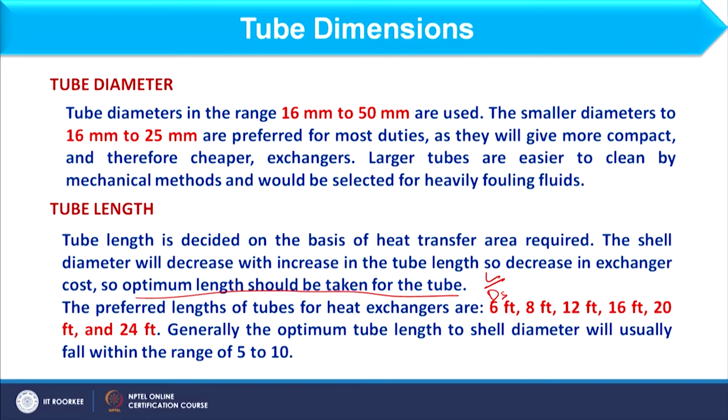So, as far as standard of tube lengths are concerned, we have 6 feet, 8 feet, 12 feet, 16 feet, 20 feet and 24 feet. So, this is the complete range of tubes which are available in the market, and we have to choose these length in such a way so that length to shell diameter should fall within the range, and that range varies from 5 to 10, right.